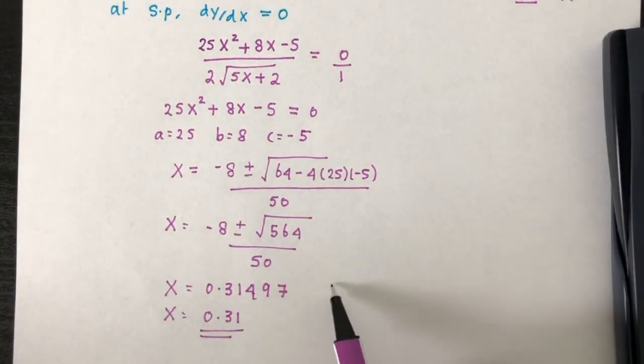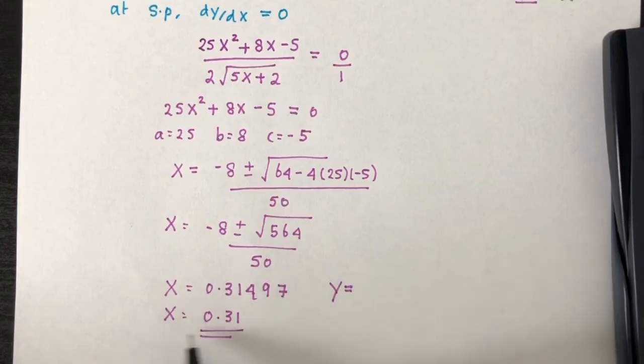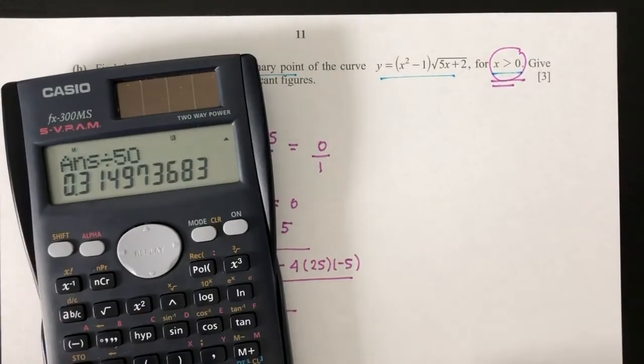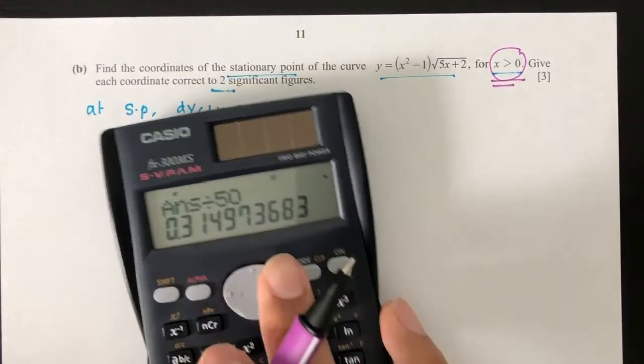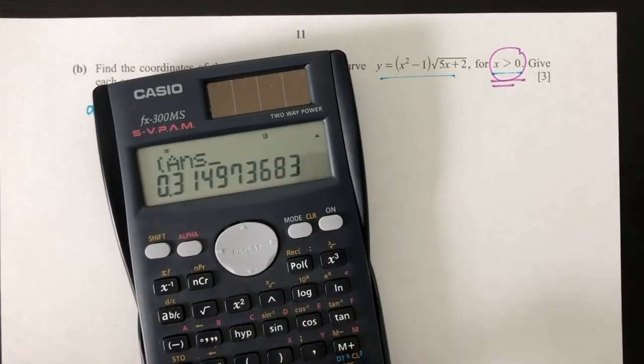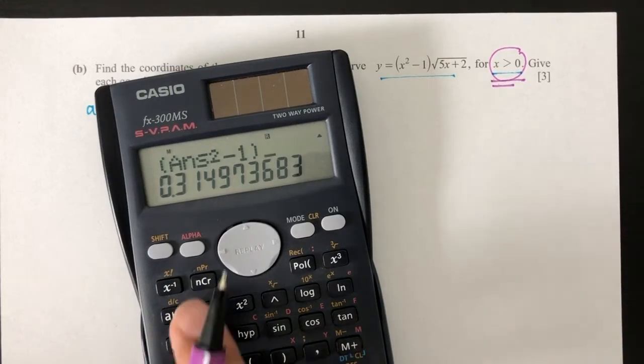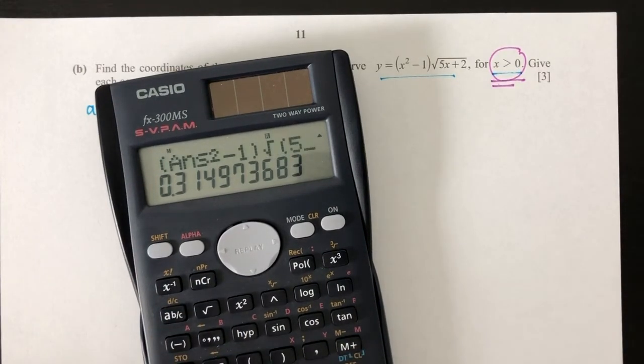Now you have to find your y coordinate by replacing x in this equation. So let's do that. This is your answer for x. So answer squared minus 1, now times root of 5 times the answer plus 2.